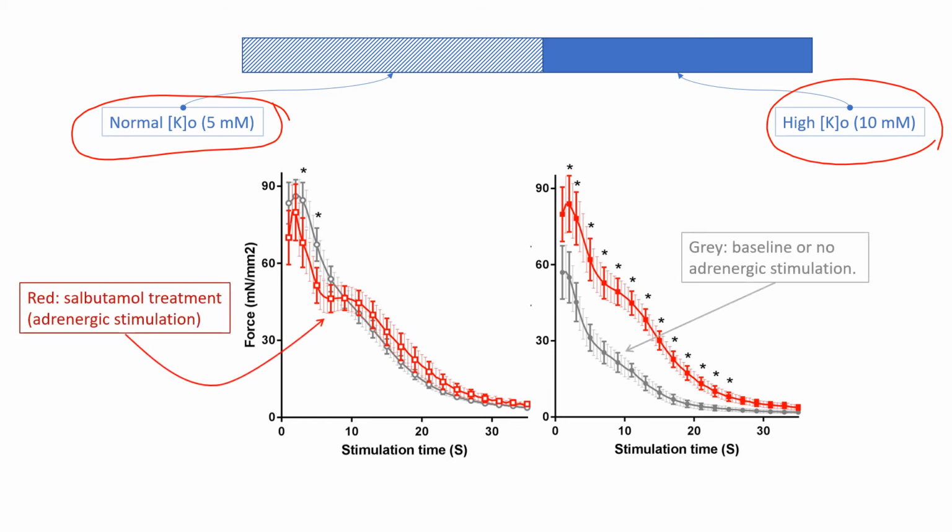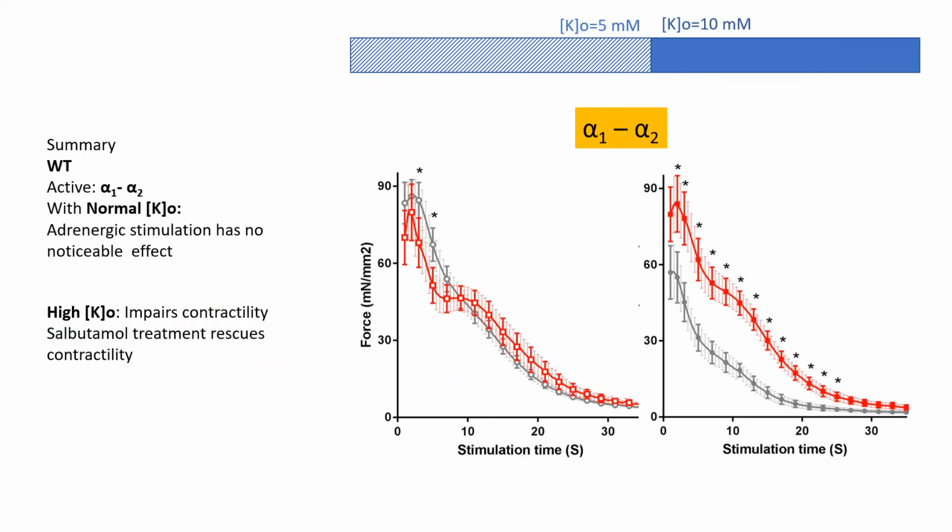And these red lines represent samples treated with salbutamol. Salbutamol is a synthetic form of beta-2 agonist, which is an adrenergic stimulator. The gray line represents the baseline or no adrenergic stimulation, and this yellow window shows which isoform were active during the experiment.